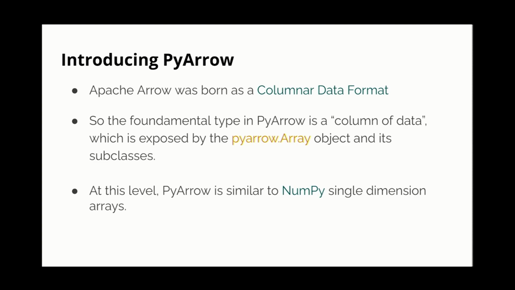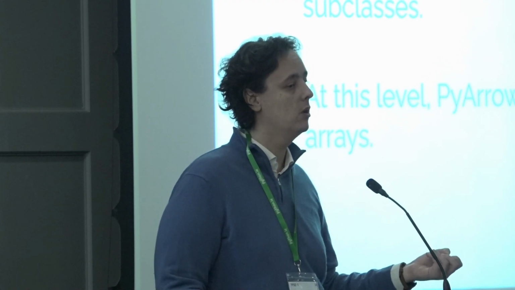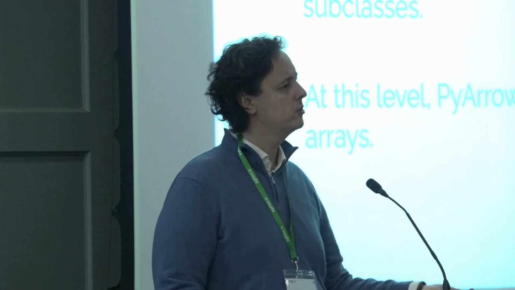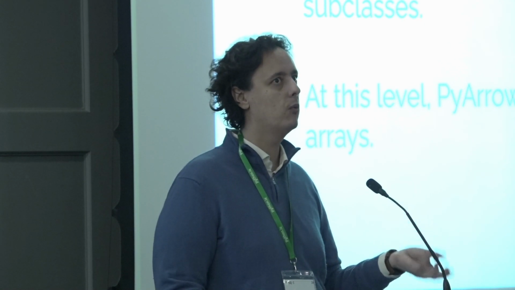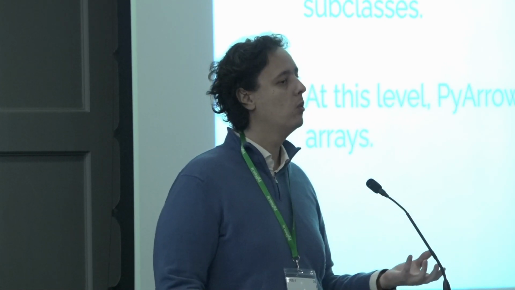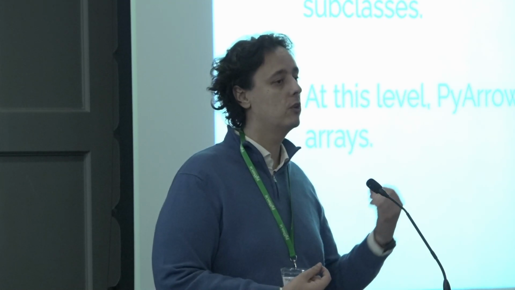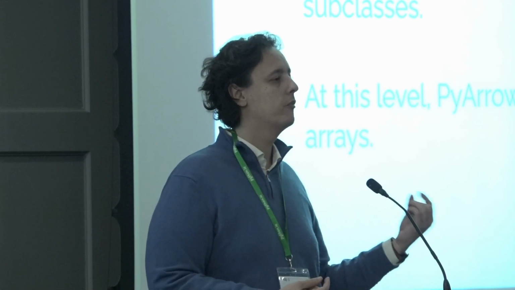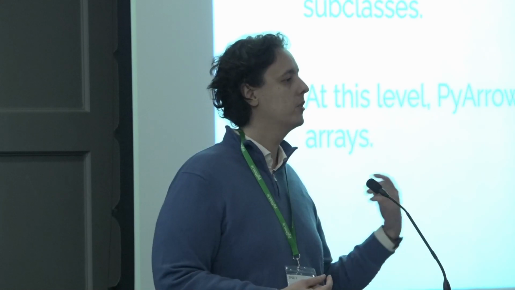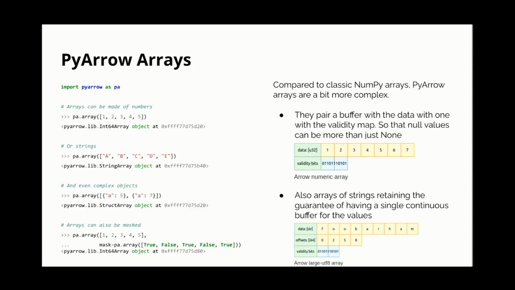But at this level, you can think of PyArrow as something very, very similar to NumPy, even though it's less powerful from the point of view of operations you can apply to this data, because Arrow wasn't born as a tool for data scientists. It was born as a tool for software engineers that need to write their own algorithms on top of that data.